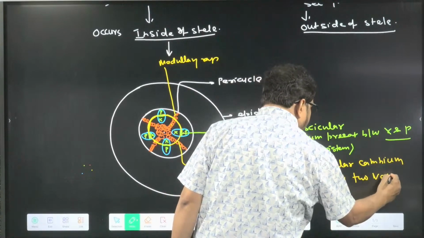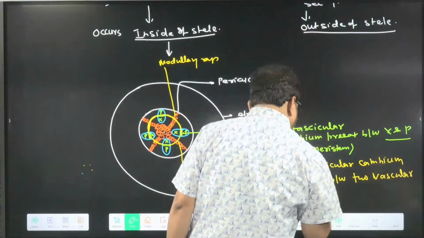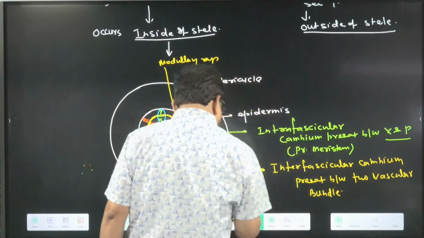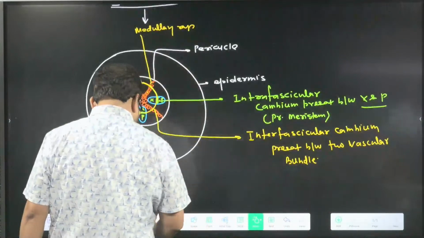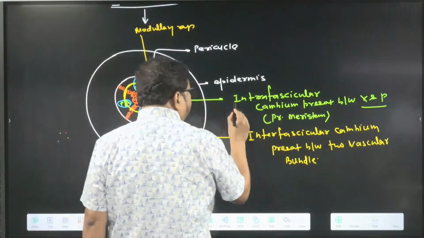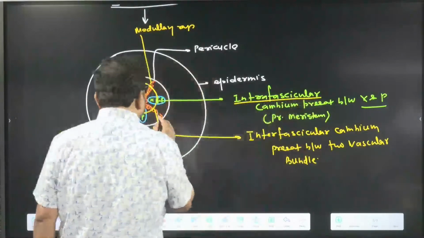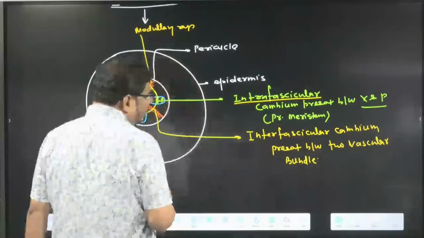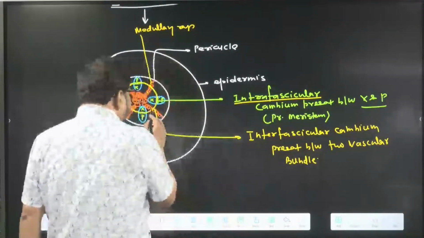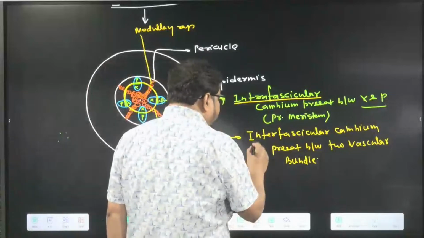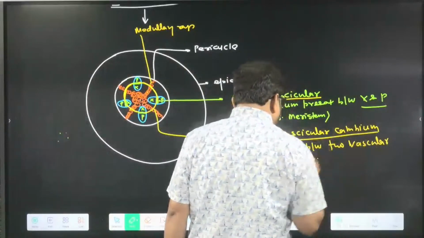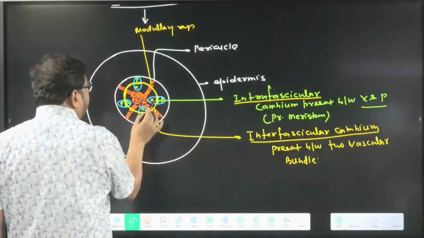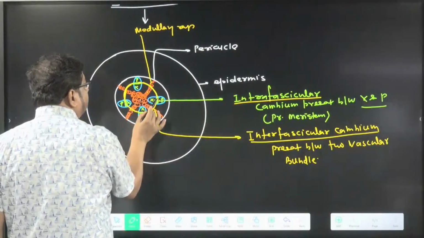Agree or not? Between two vascular bundles. Since the beginning, who was present in the primary plant body? Intrafascicular cambium between xylem and phloem. Now, due to de-differentiation in medullary rays, another cambium forms, interfascicular cambium. It is present between two vascular tissues. Look, it is one vascular bundle, it is another vascular bundle.